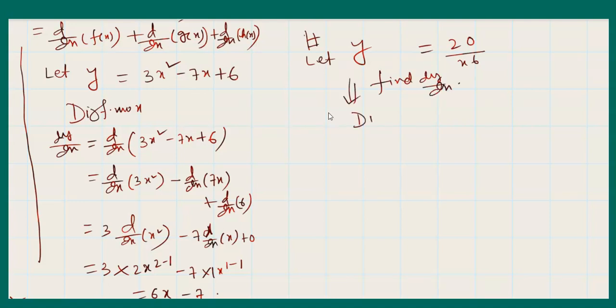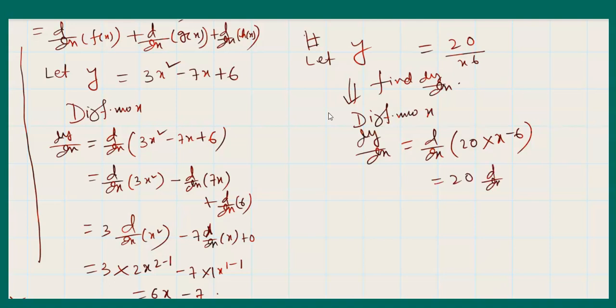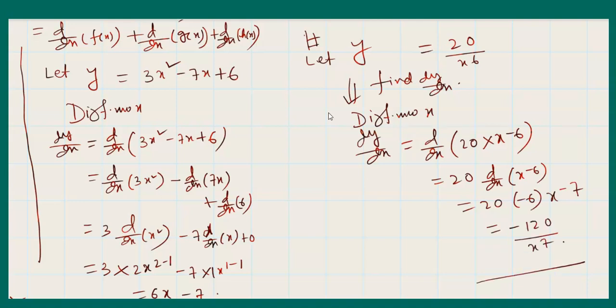You write, differentiating with respect to x, dy by dx will be equal to d/dx of 20x to the power minus 6. For 20, it is a constant, you can take it outside. X to the power minus 6 differentiation, you can do, 20 d/dx of x to the power minus 6, 20 into minus 6, x to the power minus 7. Okay? This way we can use some rules for differentiation.